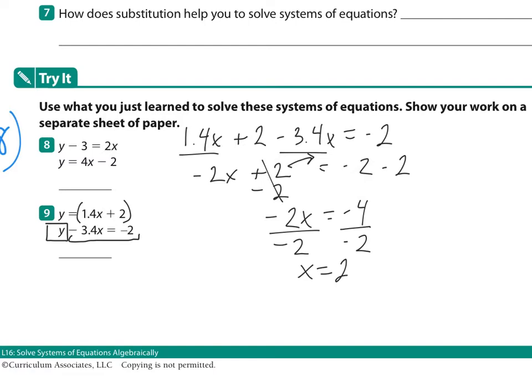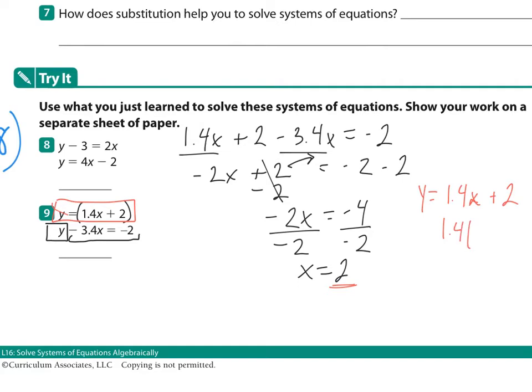You can take either equation that you would like to. All right, I would say the first one is the one that I will choose. So this is y equals 1.4x plus 2. Everywhere you see an x, I know that's the same as the number 2.